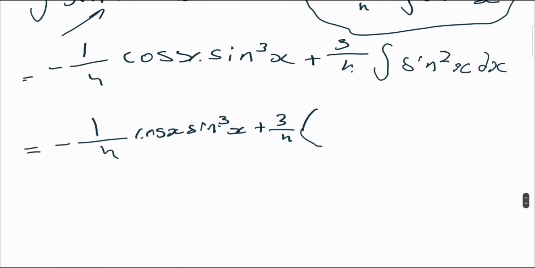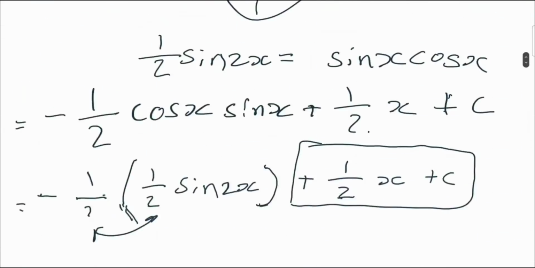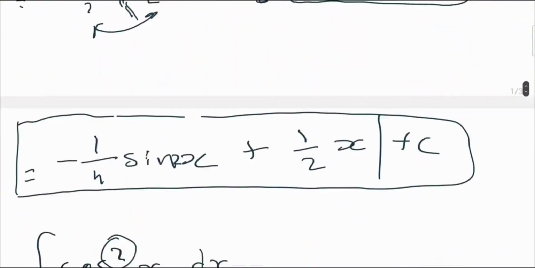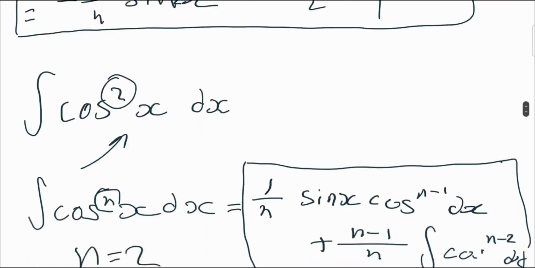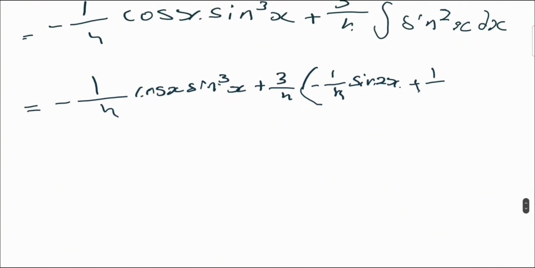Okay. Negative 1 over 4 sine of 2x plus 1 over 2x. And then because we've integrated, we add the plus c.